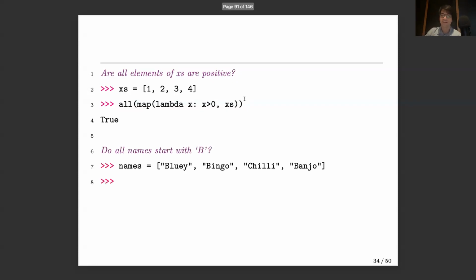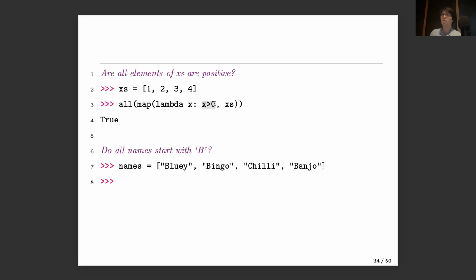So this is true. How can I ask if all of the names in this list start with a B? Exactly the same line, but rather than x greater than 0, check if x at 0 is the capital B. But how would you have done this without these higher order functions?